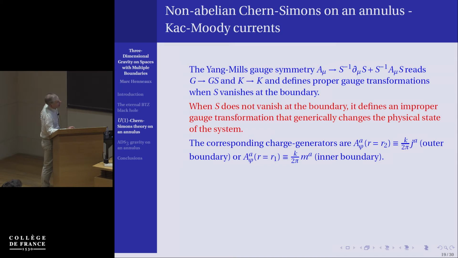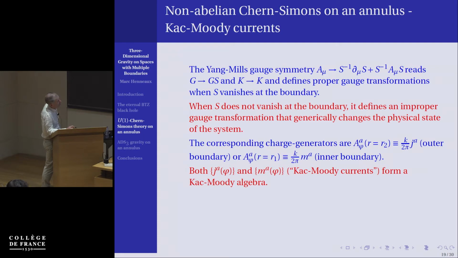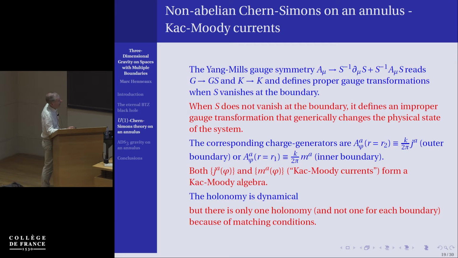Okay, so the current at one boundary I will call J^A and the other M^A. And they form two sets of commuting Kac-Moody currents. And again, as in the U(1) case, the holonomy is dynamical. So the holonomy, what I call capital K, will enter the action and will have to be varied in the action.